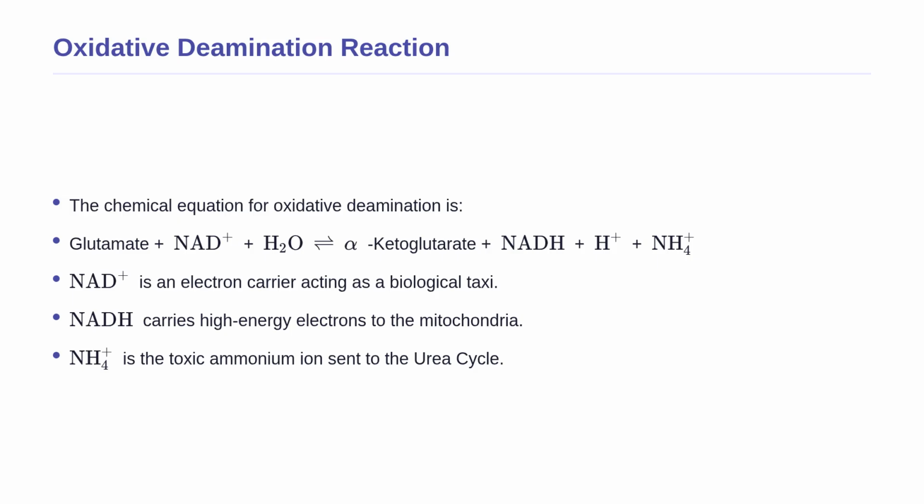On the product side, we get alpha-ketoglutarate, which is the safe carbon skeleton. NADH is the taxicab now fully loaded with electrons, heading to the electron transport chain. Finally, we produce the ammonium ion, the toxic battery that will be sent to the urea cycle. If glutamate levels increase, the reaction pushes forward, producing more ammonia and energy.